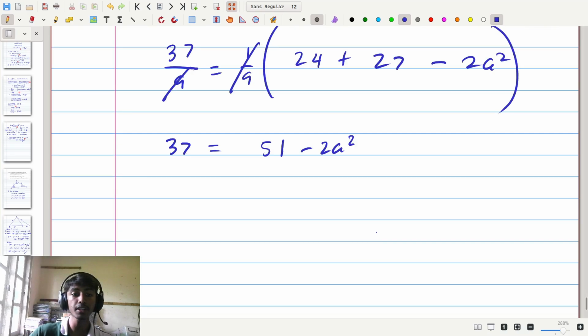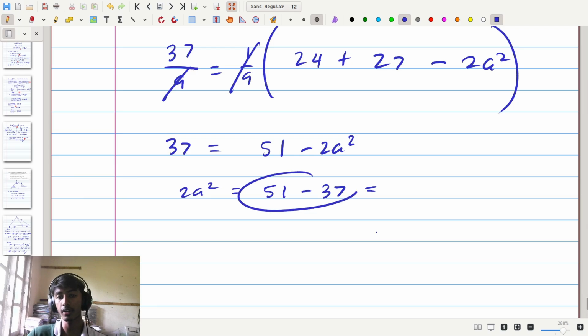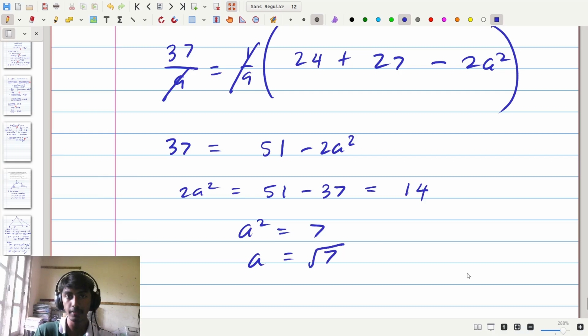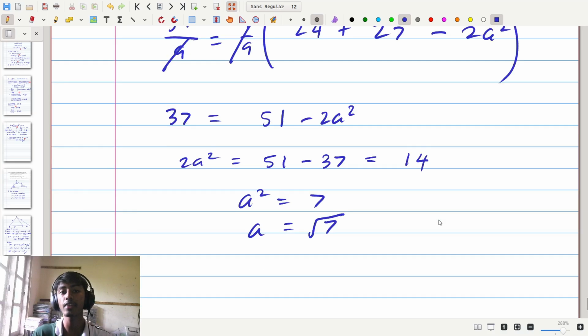Rearranging, we get 2a squared being equal to 51 minus 37, which is equal to 14, which gives us that 2a squared is equal to 14, so a squared is equal to 7, so a is equal to the square root of 7, and with that we have found the length of a as well.